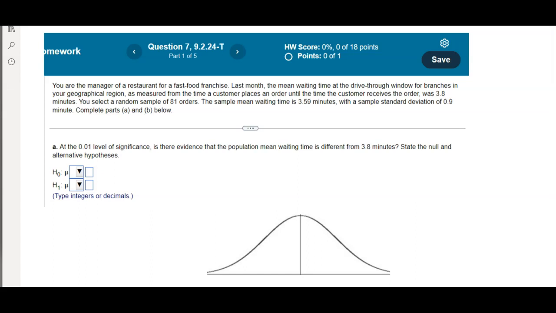In this question, we have a restaurant manager who wants to double check that the waiting time is 3.8 minutes, right?